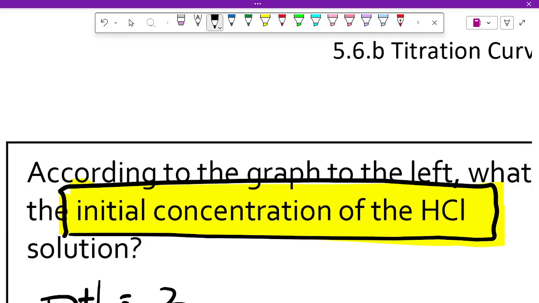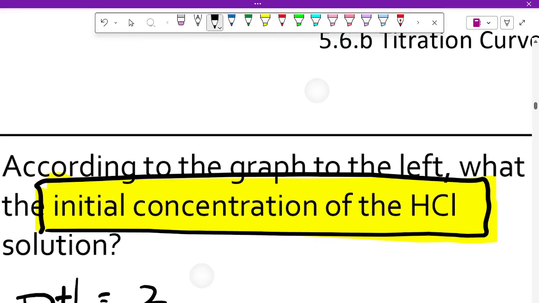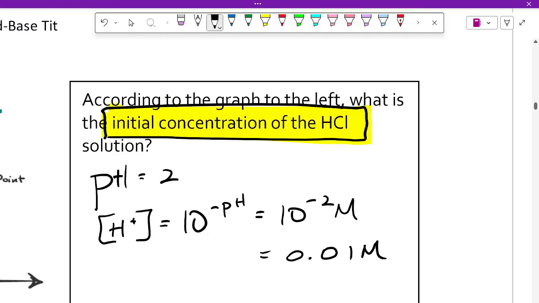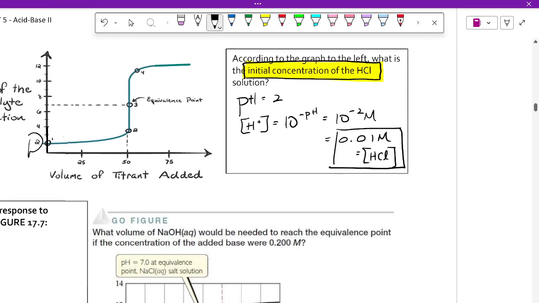You don't have to write an equation. Is it equal? Yes, but you need to say that, because it asks what the concentration of the HCl is. Does that make sense? Okay, very cool.